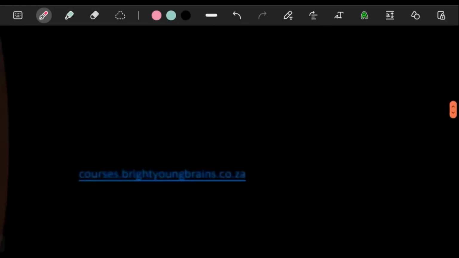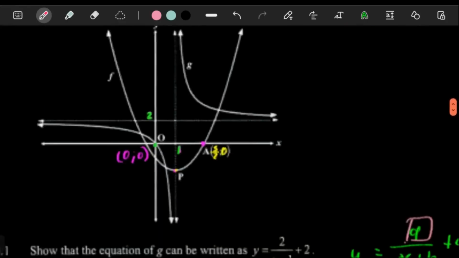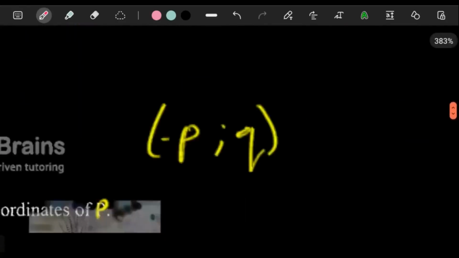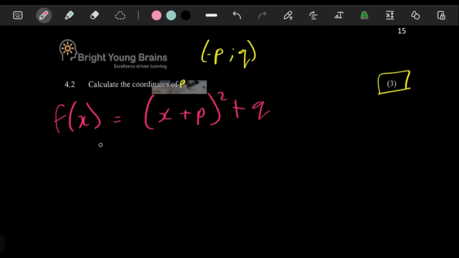So let's do that. Our graph passes through this point here. The y value is 0, x value is 5/2. The equation of our graph, they gave it to us like this: f of x is equal to (x plus p) squared plus q. Now we know that the y value is 0, the x value is 5/2, and the x value of the turning point is 1, right?